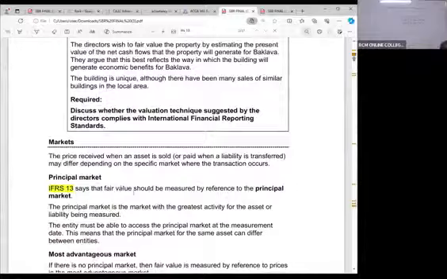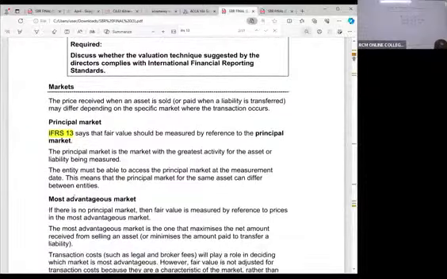IFRS 13 says that the fair value should be measured by reference to the principal market. The principal market is the market with the greatest activity for the asset or liability being measured. Like our principal market in terms of securities in Kenya will be the Nairobi Stock Exchange.